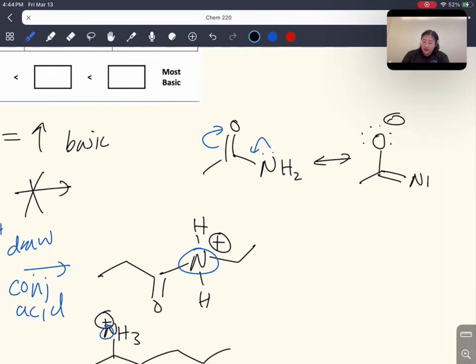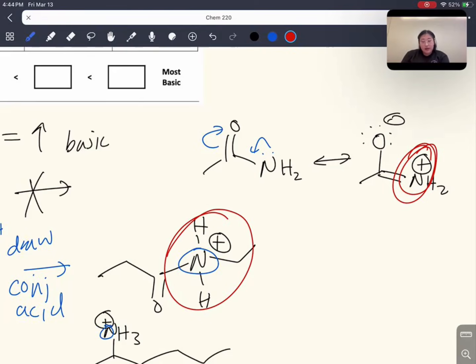So there is a resonance structure where you already have a positive charge on the nitrogen. Now you're trying to protonate it by adding another hydrogen, giving it another positive charge. That makes amides not very basic, because there already exists a form where this nitrogen has a positive charge.